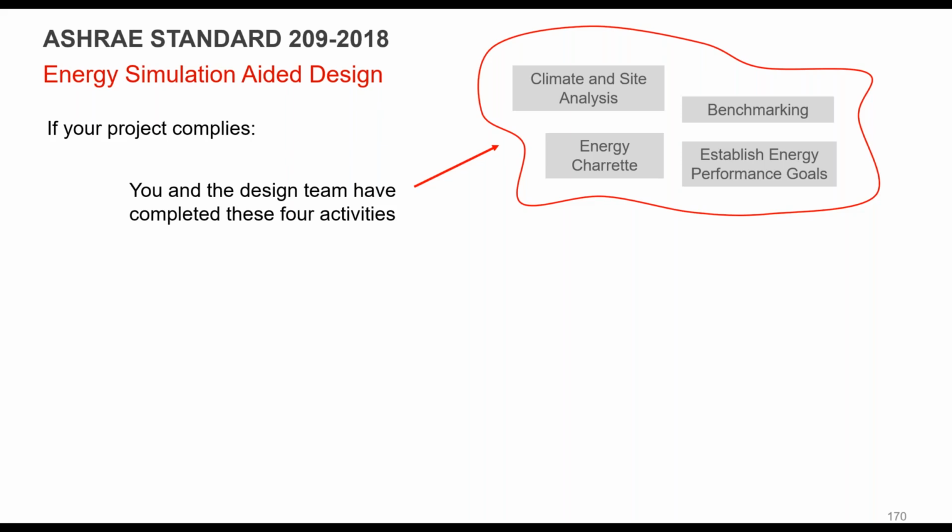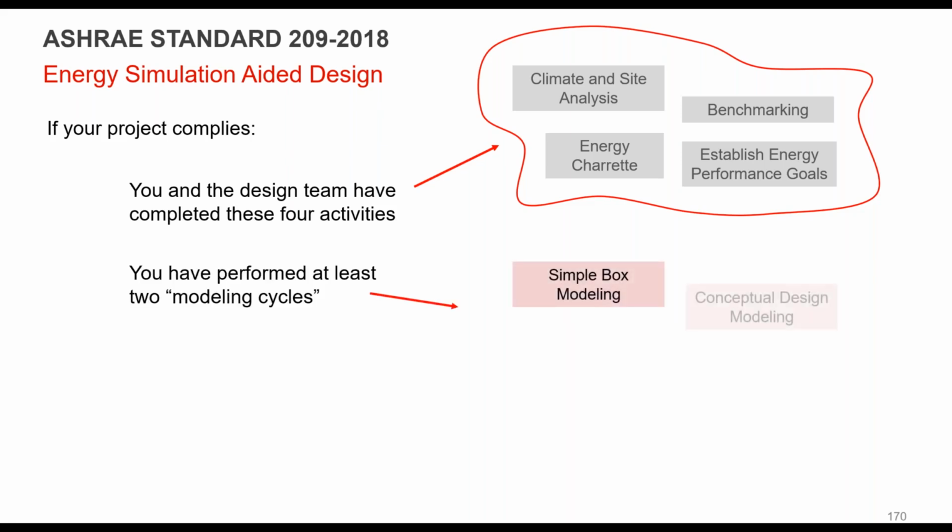is a standard for basically a process for doing energy simulation aided design. And the only thing that is really important here is if you complete 4 activities, your project complies. It's pretty simple. You do a climate site analysis, benchmarking, energy charrette, and establishing the energy goals.